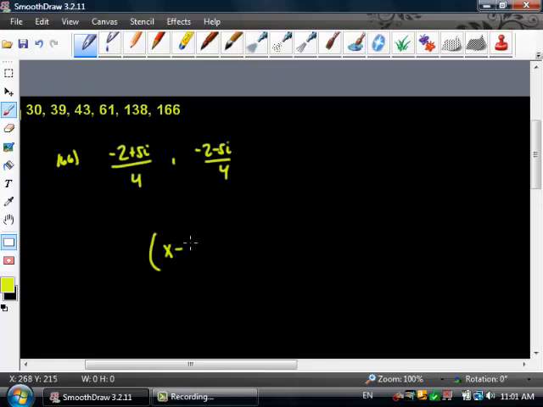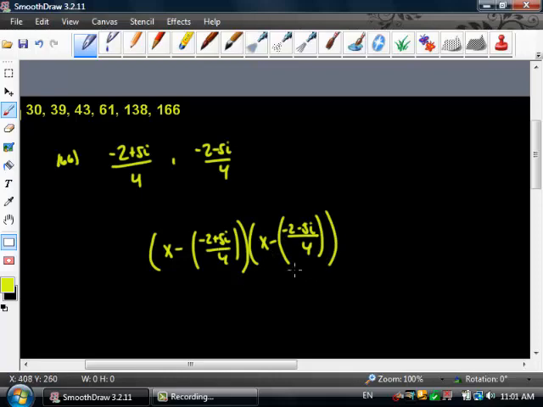X minus, parentheses, -2 plus 5i over 4 times x minus -2 minus 5i over 4. First thing I'm going to do, since I'm dealing with roots that have fractions in them, I'm going to go ahead and multiply everything by 4.